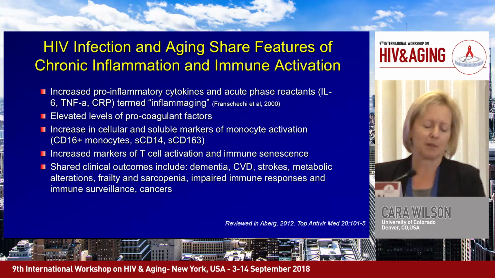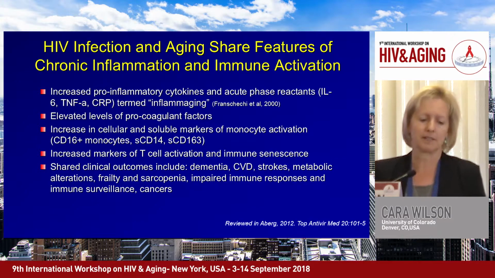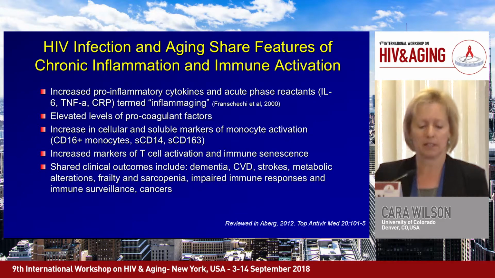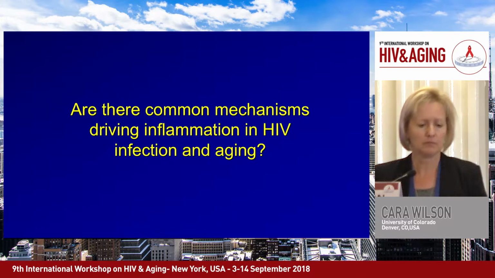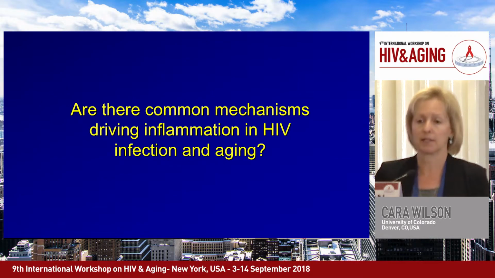We've gone through these on a number of other occasions, but there are increased cytokines in the plasma, acute phase reactants, procoagulant factors, markers of both monocyte and T-cell activation, and of course there are a number of shared clinical outcomes that have been linked to inflammation independently in both of these settings. So again, we're looking at whether there might be common mechanisms that drive inflammation in HIV infection and aging.